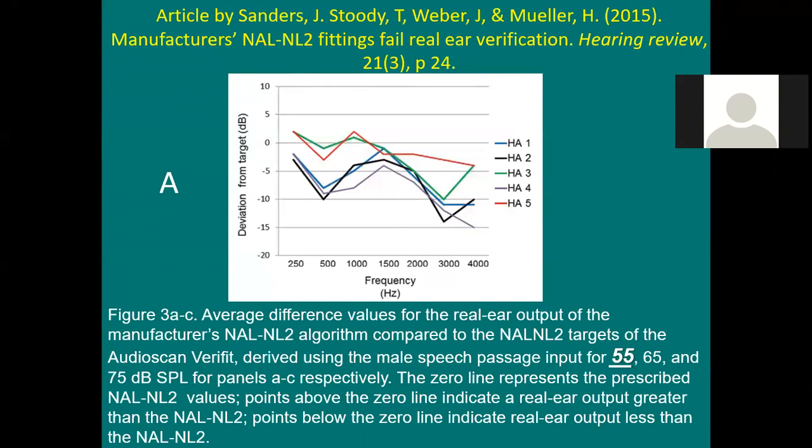Not as much as their proprietary fitting methods. The proprietary fitting methods really roll off the highs. But even the manufacturer's versions of NAL 2, they tend to roll off the highs. Why? So it'll look like you've got a better fitting. And you'll think, yeah, I'm fitting with NAL 2. They're never going to tell you they're not. Okay?